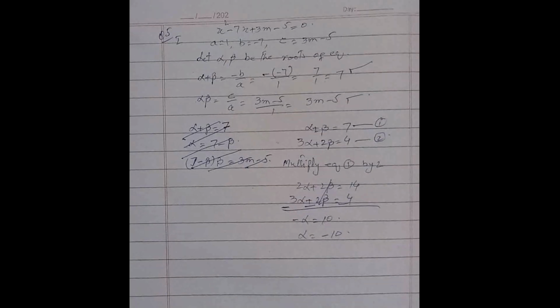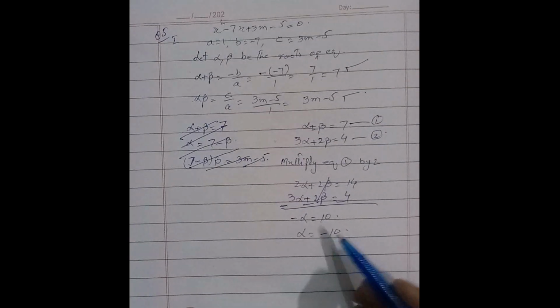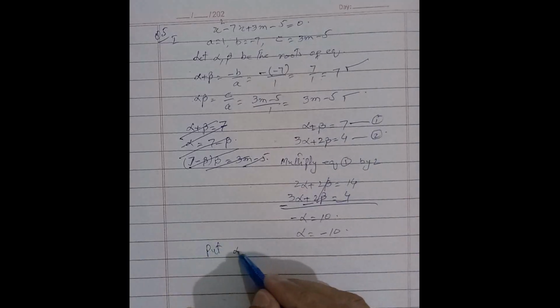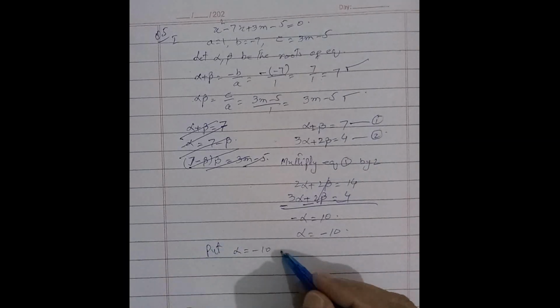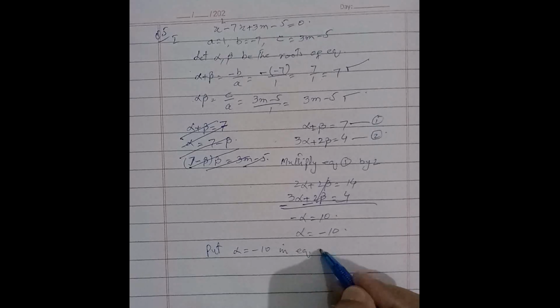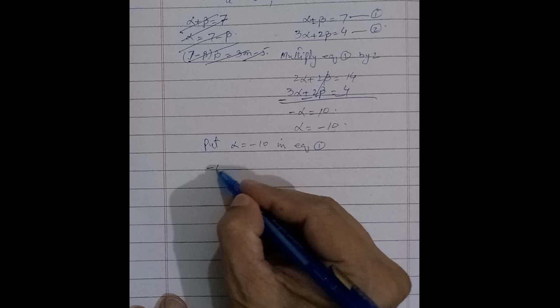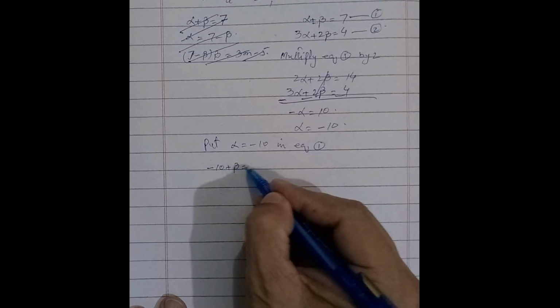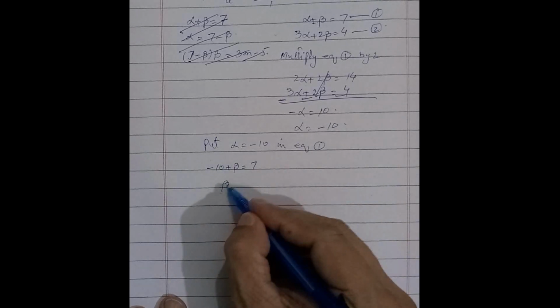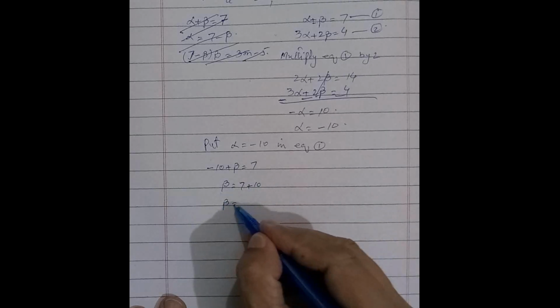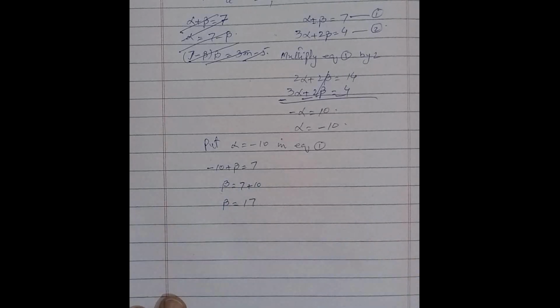And now we put the value of alpha, which is minus 10, in equation 1. We get minus 10 plus beta is equal to 7, and beta is equal to 7 plus 10, so beta is equal to 17.